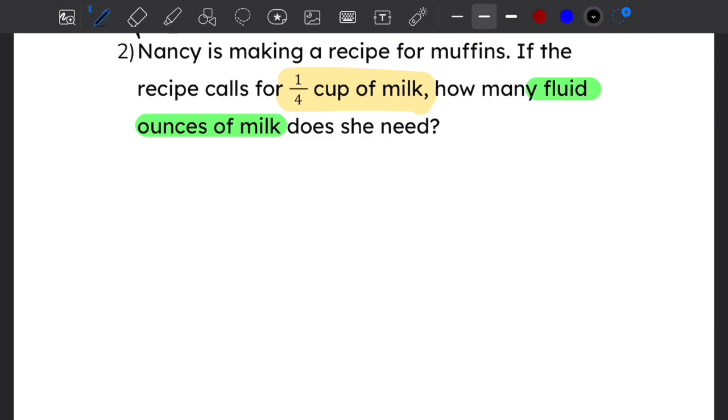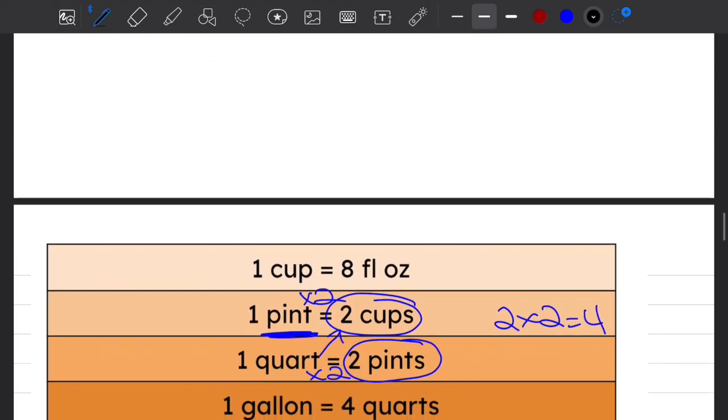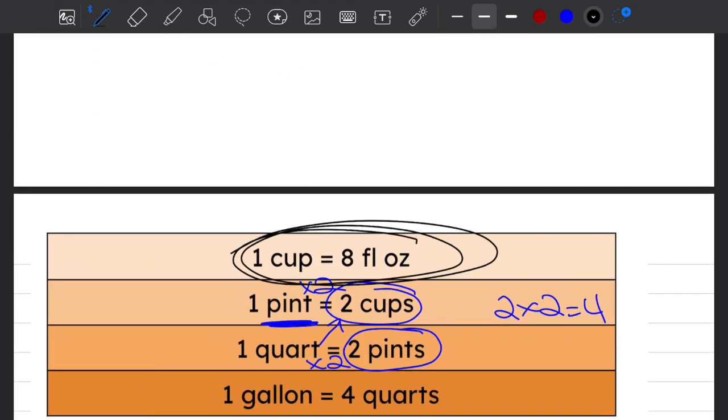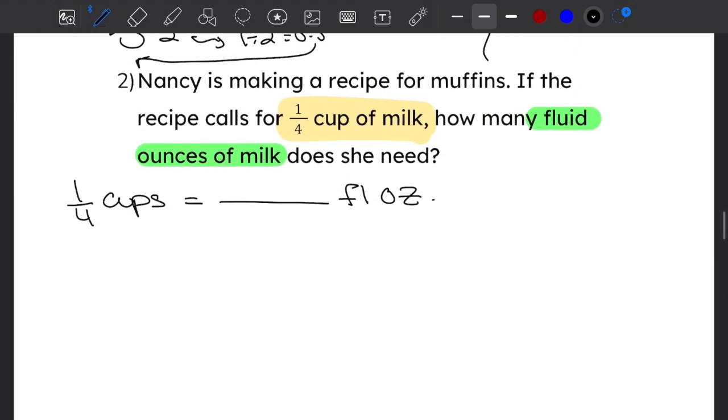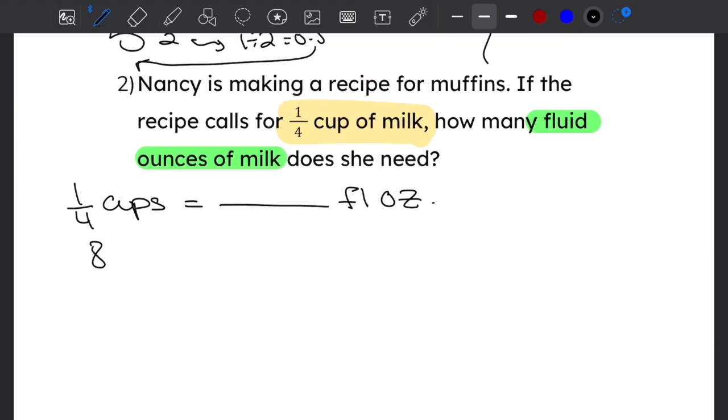So we need a relationship that compares cups to fluid ounces. Let's look at our conversion factors. It's this one right here. 1 cup is equal to 8 fluid ounces. So I'm going to write it down underneath.